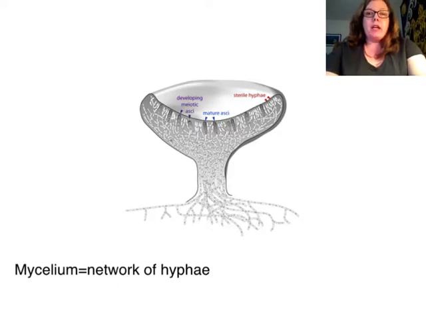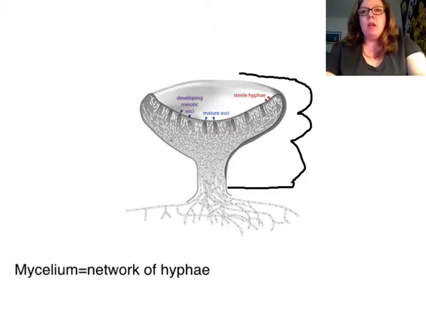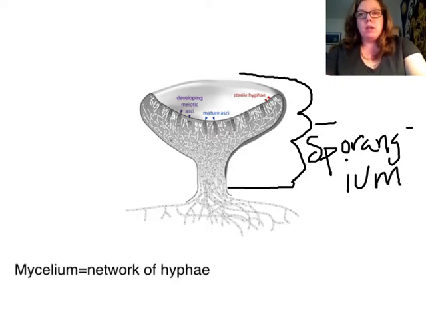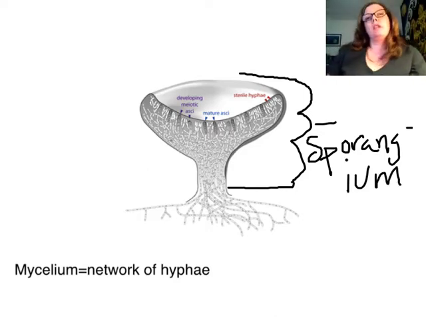What you need to understand is the part that we normally think of as the fungus is this, right? That part is called the sporangium. In other words, it's the spore delivery system. It's the reproductive part of the fungus, and actually only the reproductive part of the fungus.